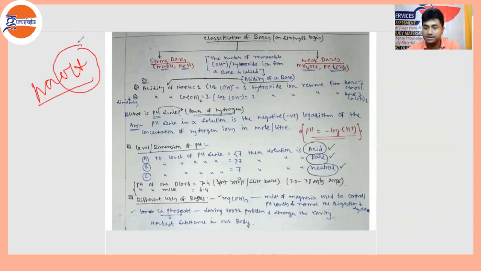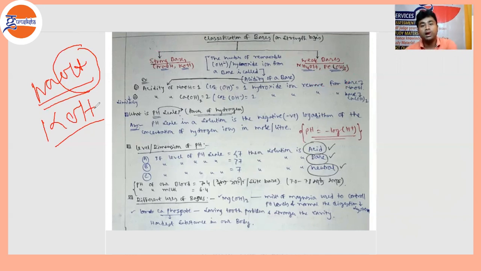That's why it's called a base, which I have already told you. So sodium hydroxide is a strong base. Similarly, another example is KOH, which is also an example of a strong base. That means the base has a chemically strong bond as well as being partially ionized in water. This is called a strong base.